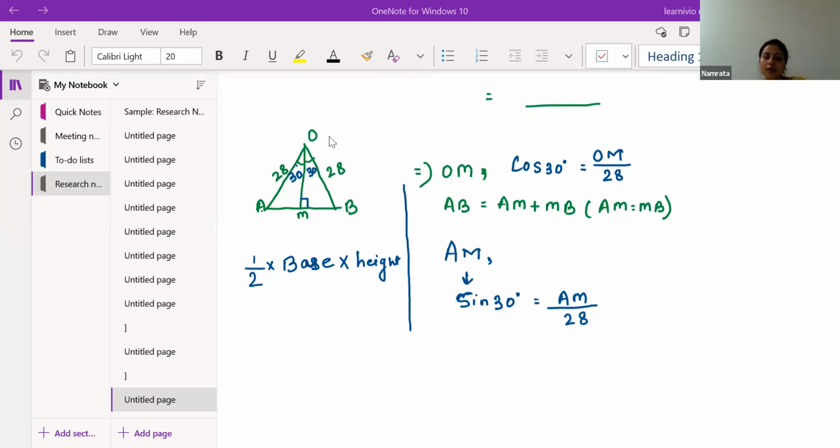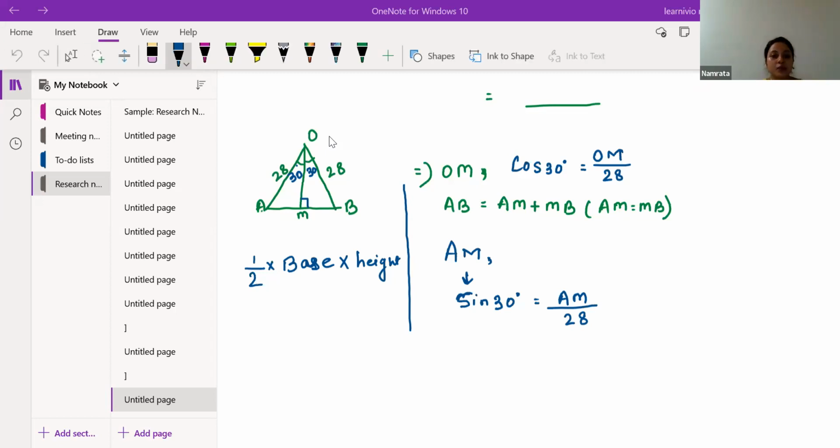You can check it in your book also if you have it in front of you. Are you checking it? Yes, Jasleen. What's the value of cos 30? Root 3 by 2.